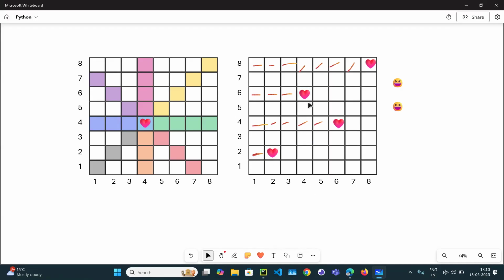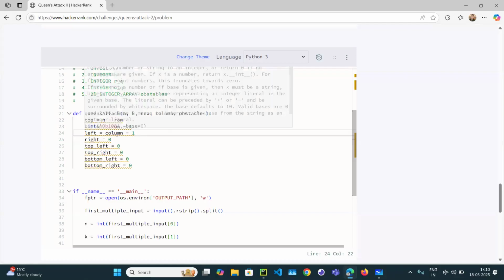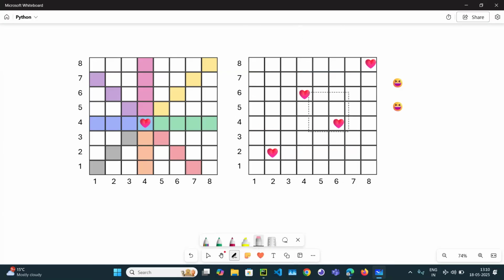If the queen exists in the fourth column, it will be 3, because column minus 1 is 3. Sixth column, then 5. Eighth column, then 7. Okay, now you already calculated how many columns are on the left. Now what next? You already have the formula.